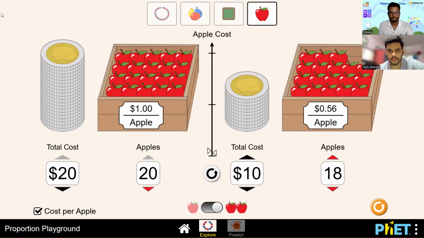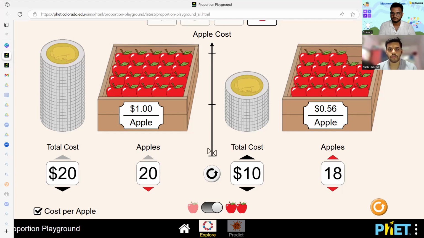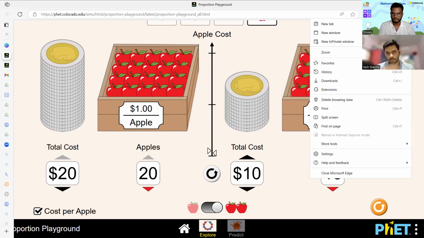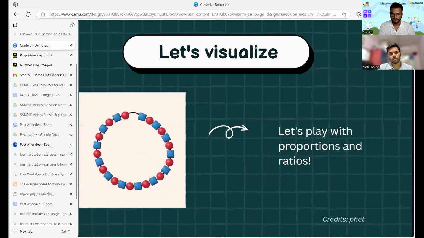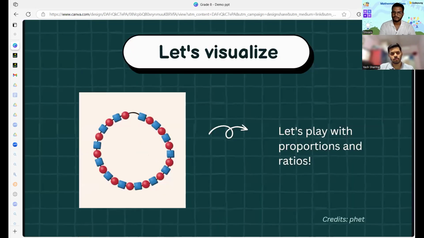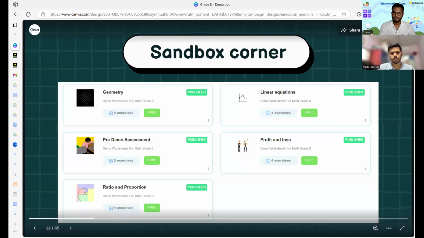Okay. Let me see here. All right. I think you are able to see my screen as PPT now, right?